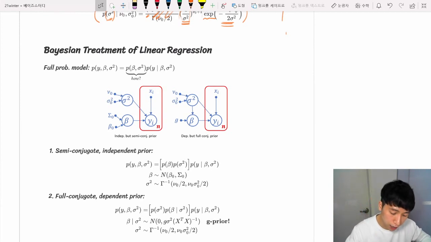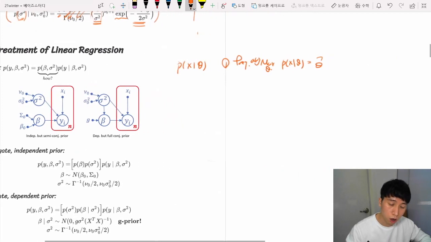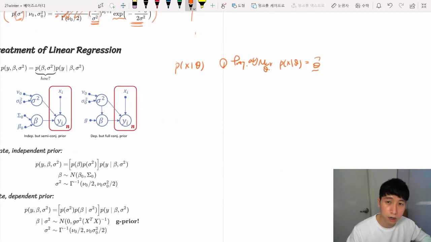So in the general case, the likelihood will be something like this one, where X is the data and theta is a parameter. And the frequentist maximizes this likelihood with respect to theta, and that one single theta is their estimate, and they get the sampling distribution of this estimator.